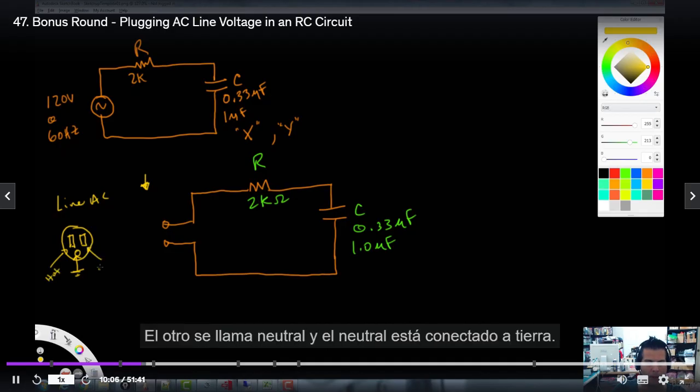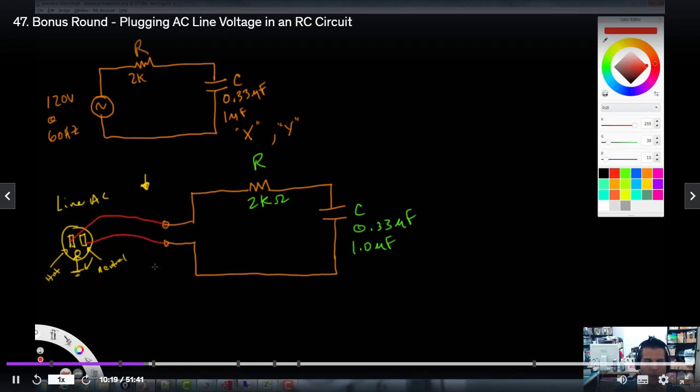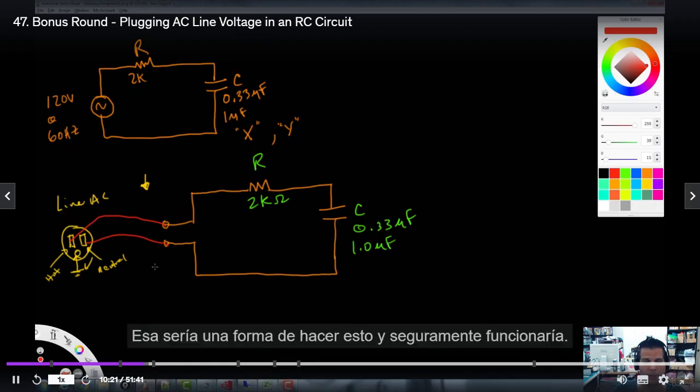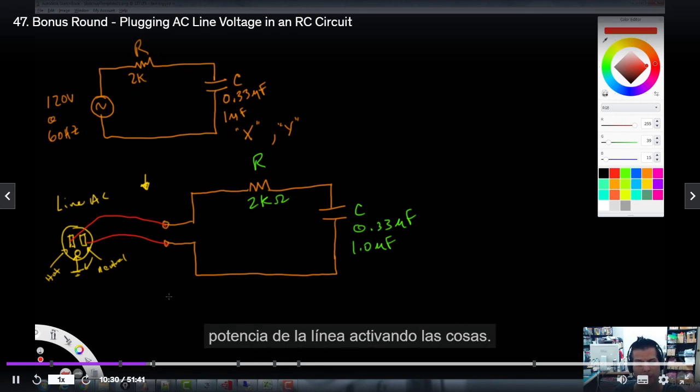The other one is called neutral, and the neutral is connected to the ground. We could just connect this like this. That would be one way to do this, and that would surely work. The problem is if we touch this circuit, we can get shocked, and if something happens, we have the whole line power here powering things up.